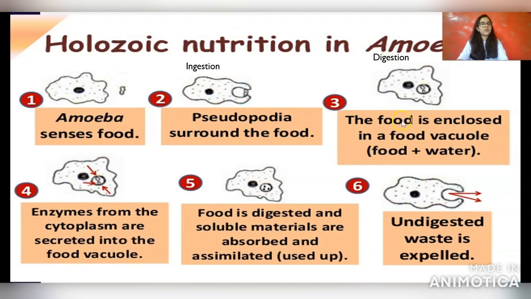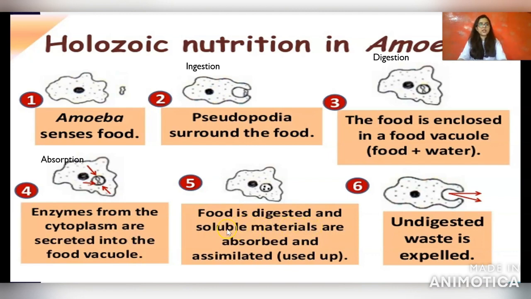Next step is the food is enclosed in the food vacuole. That means the pseudopodia gets closed and it creates the food vacuole. Next, enzymes from the cytoplasm are secreted into the food vacuole. That means enzymes are created in the cytoplasm and then released into the food vacuole. That is called digestion.